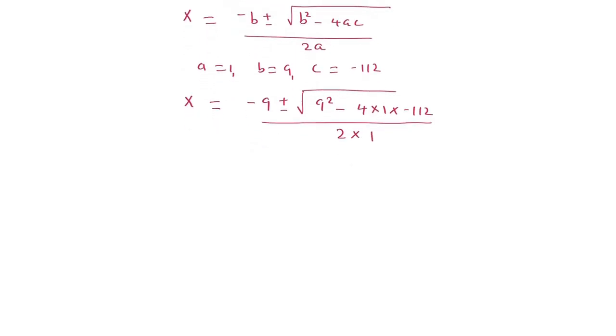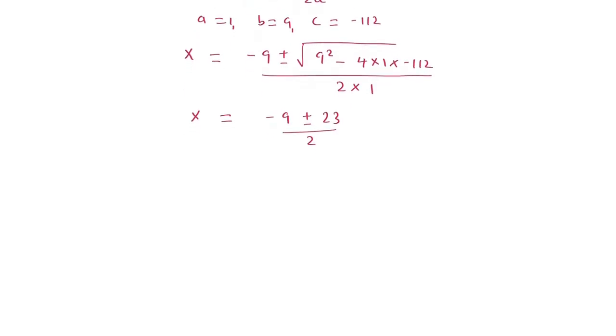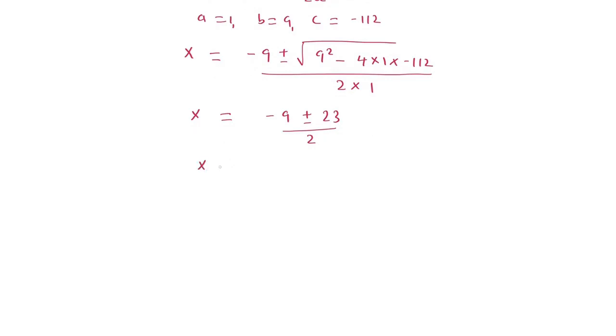Solving this, we are going to have x equals negative 9 plus or minus 23 over 2. Then x equals negative 9 plus 23 over 2, or x equals negative 9 minus 23 over 2.